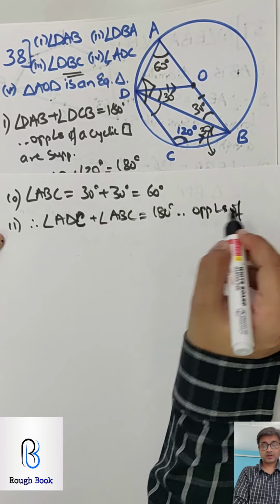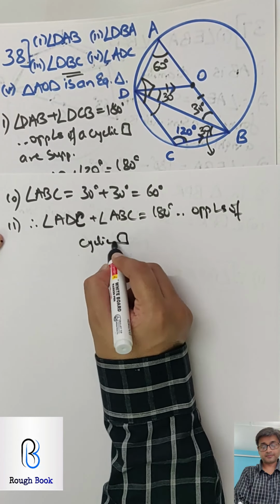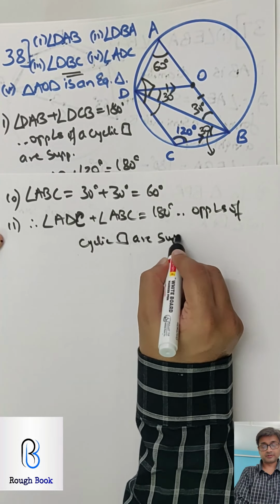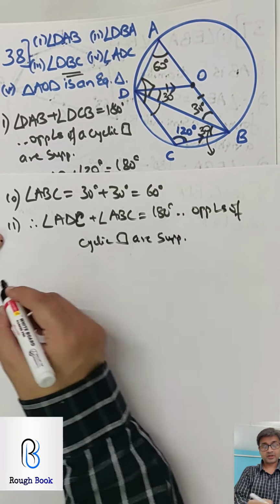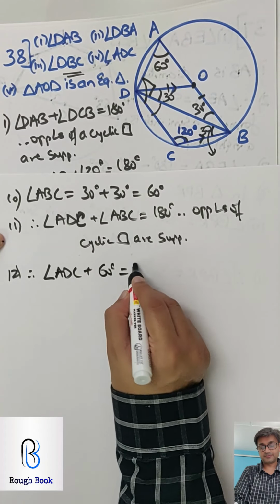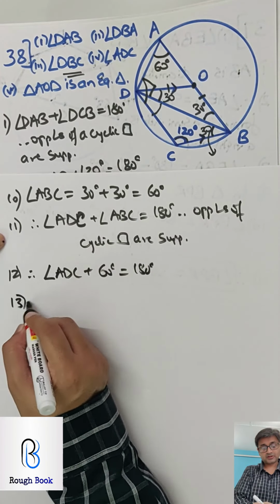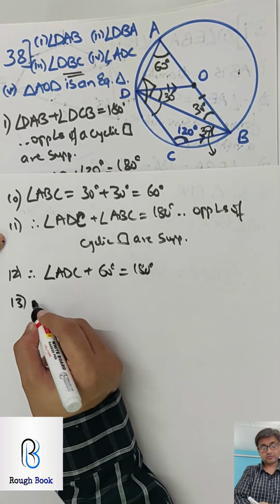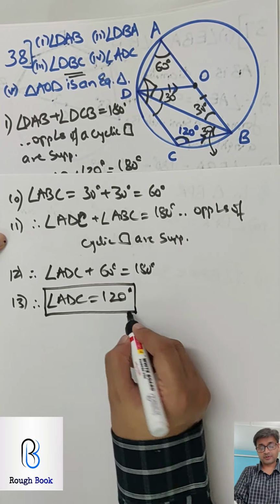Opposite angles of a cyclic quadrilateral are supplementary. So finally ADC is what we are looking for, plus ABC, which is 60, equals 180. So you managed to get the last one, ADC, as 120. Yeah, that's your last part.